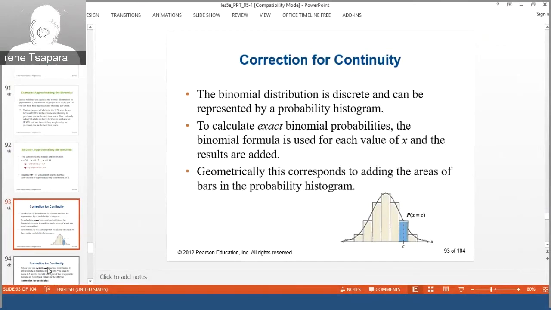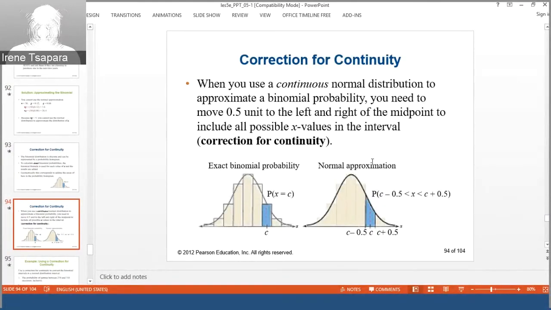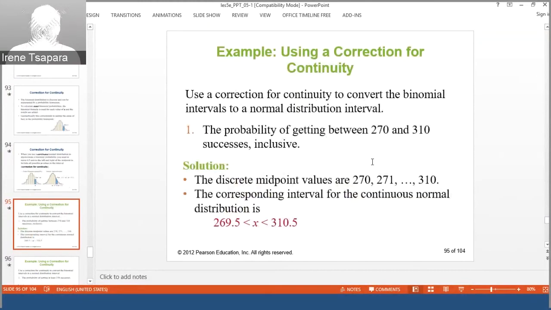So what do I need to do? I need to consider a correction for the continuity whenever I look into intervals for the binomial distribution. So if I work with specific numbers, like for example, I want to run trials and see that I have a number of successes anywhere from 270 to 310 successes of a specific trial, then the correction for the continuity means that for this interval, I need to include those blue parts of my normal distribution that I showed you before.